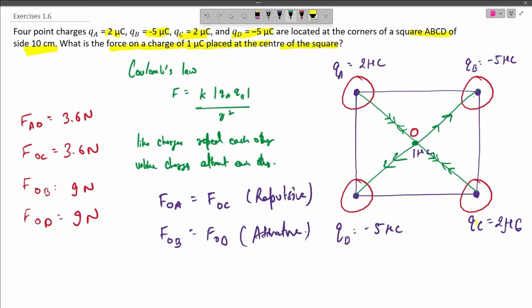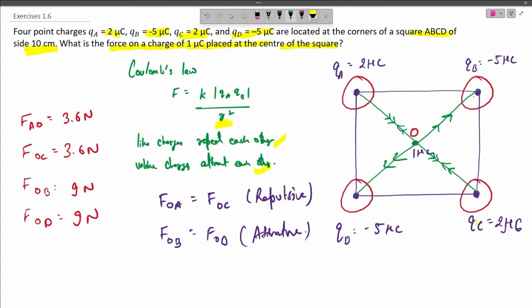Like charges repel each other, that is, if the charges have the same sign they will repel, and if the charges have opposite sign they will attract each other, and R is the distance of separation between them. So individually we have to calculate the forces acting by all those 4 particles on the charge at the center.